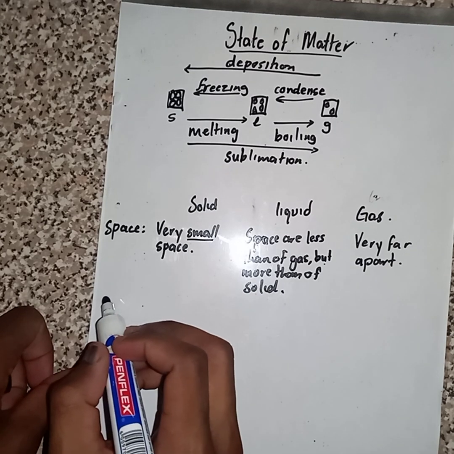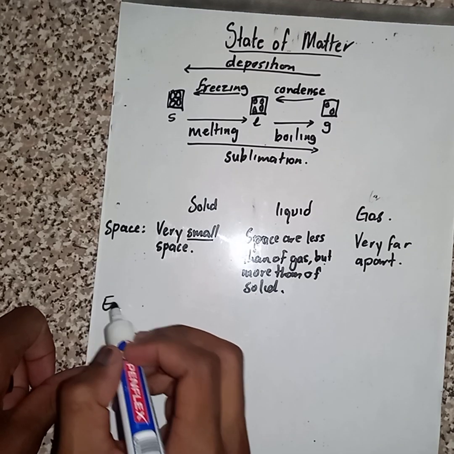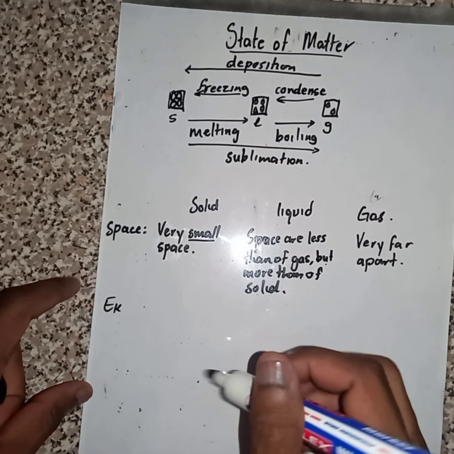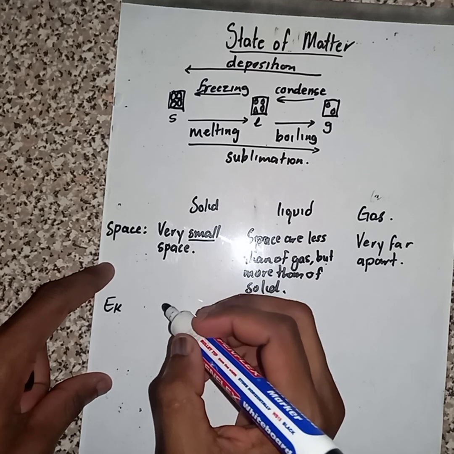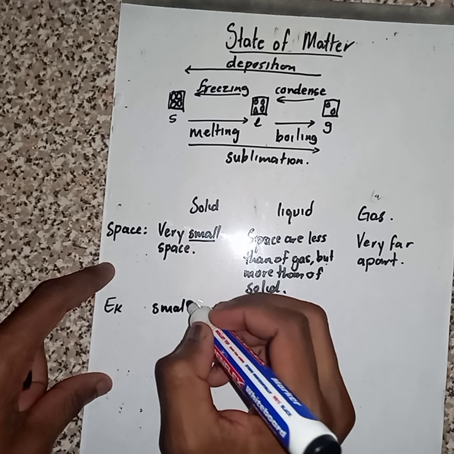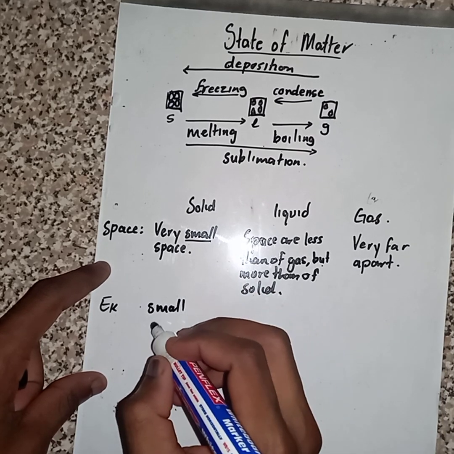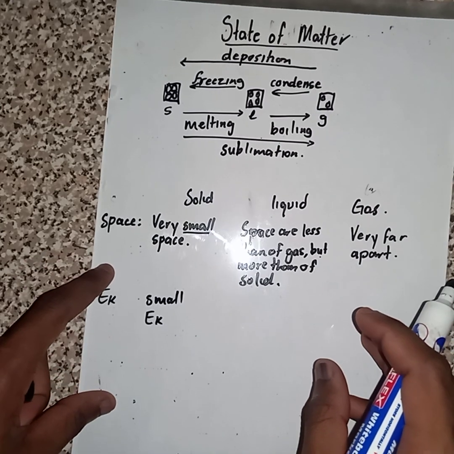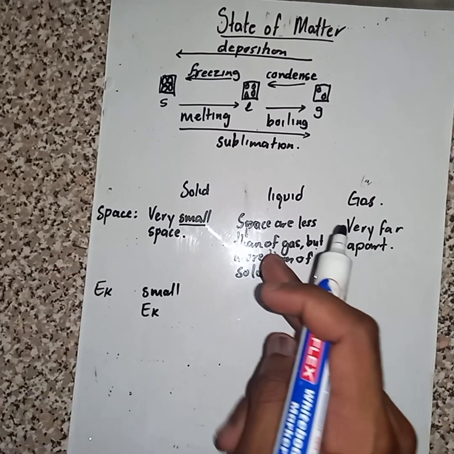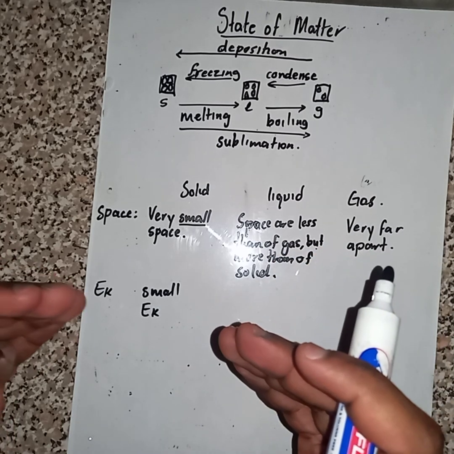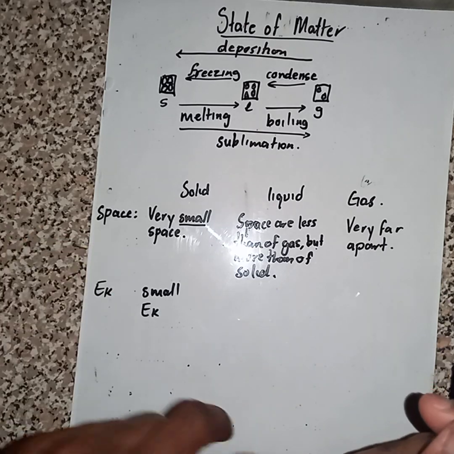Now let us consider kinetic energy. Kinetic energy for solid. Solid has a very small kinetic energy. Small kinetic energy, because the particles, they are fixed more in like one position.